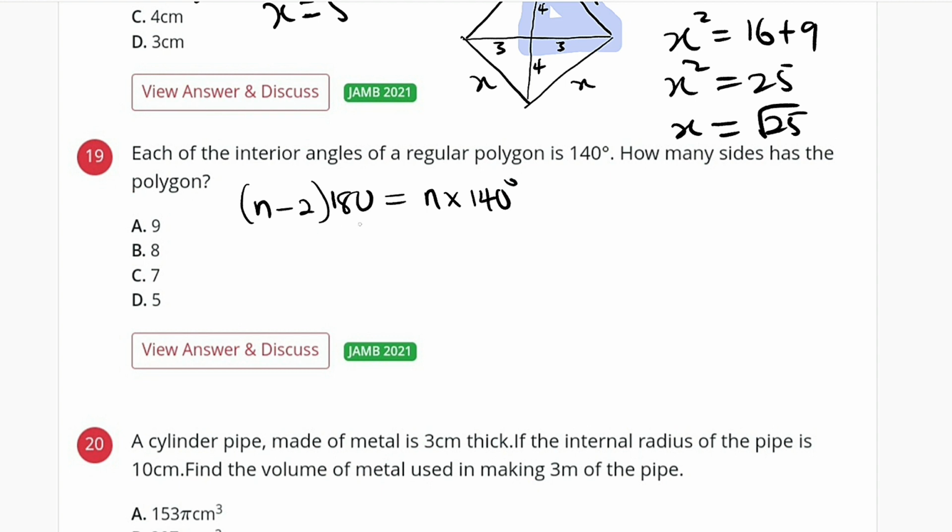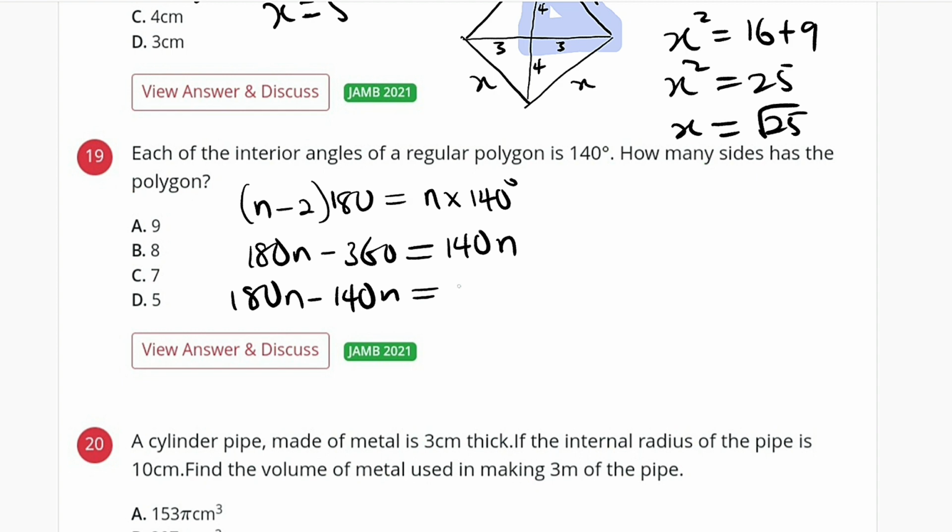If you expand here, we have 180n minus 360. This is equal to n times 140, which is 140n. We collect the like terms, we have 180n minus 140n. If you take 360 to the right, it becomes positive 360. So we have 180 minus 140 is 40, so 40n equal to 360.